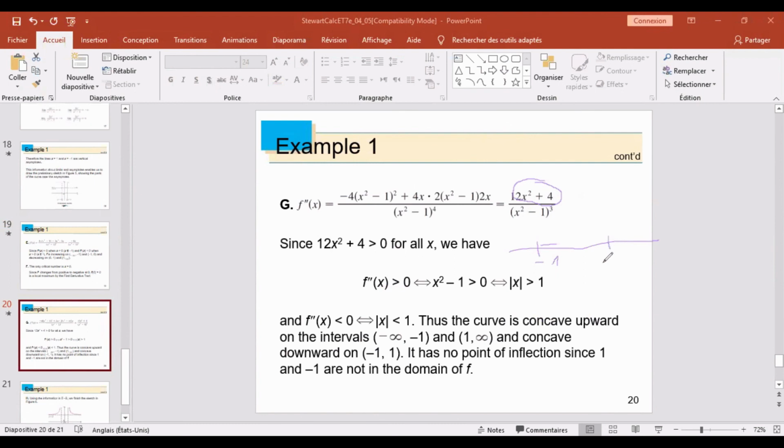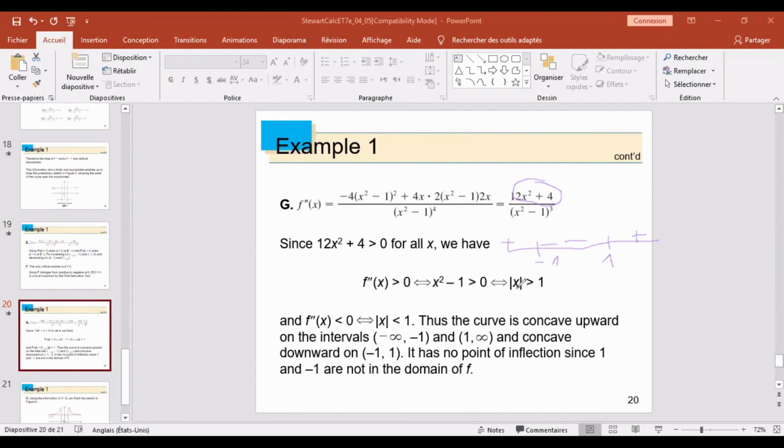Here we have some important points not included in the domain, minus 1 and 1. And we try to evaluate the sign of the second derivative. It's positive here and here. However, it's negative between minus 1 and 1.